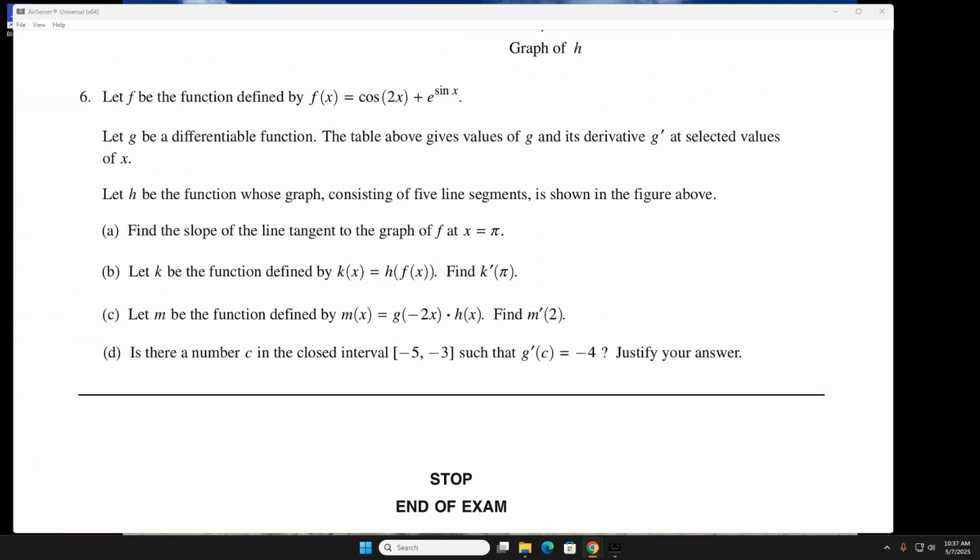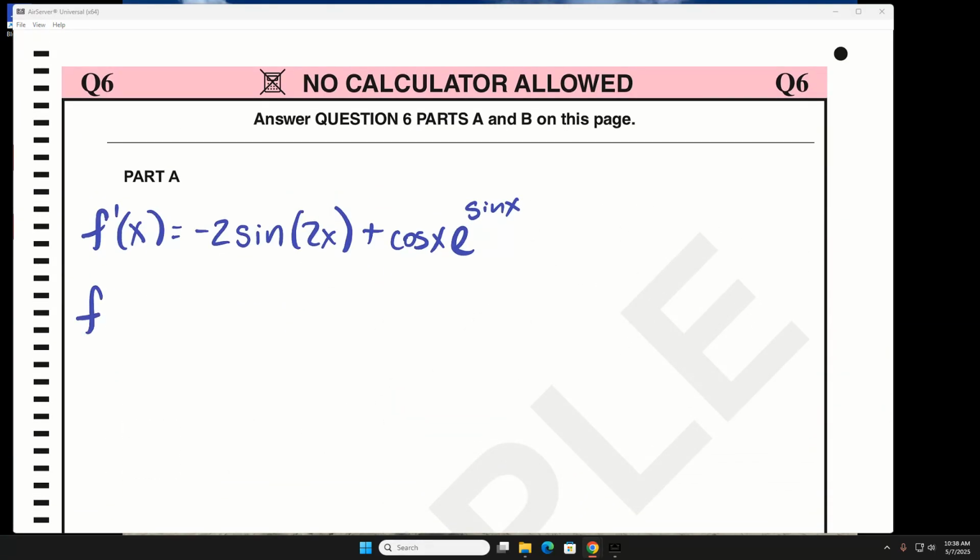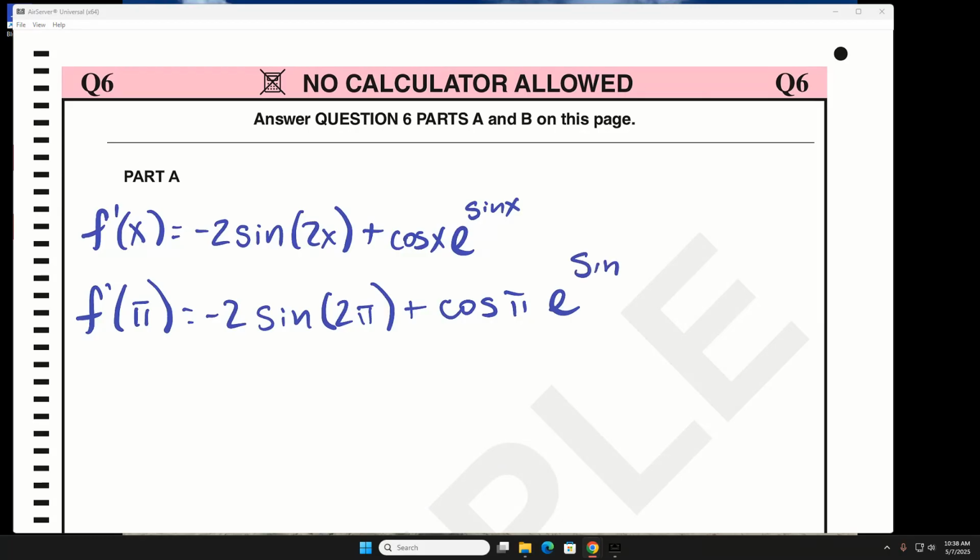And then because I want the slope of the line tangent of f at x equals pi, I'm going to need to plug pi in for x. And if I didn't need this to do something else in this problem, I actually need it a couple of times, I think.